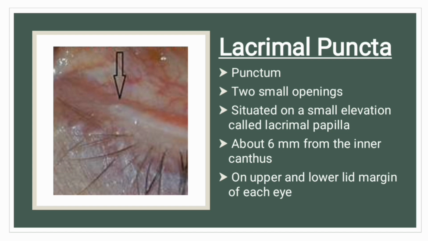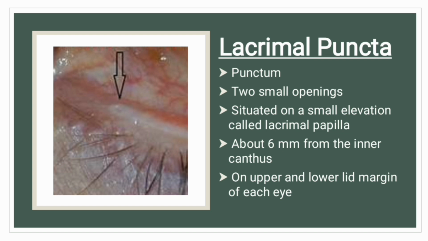This opening, or small dot-like structure, is basically the opening that collects the tears, and it helps in the drainage, right? The most important and first part is the punctum, and these are basically two small openings, one on the upper eyelid and one on the lower eyelid margin, right?